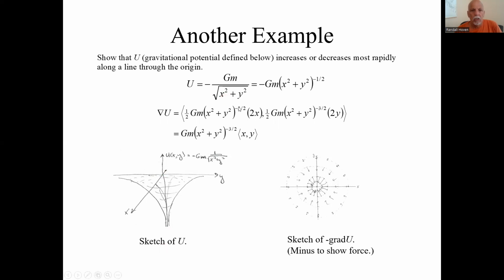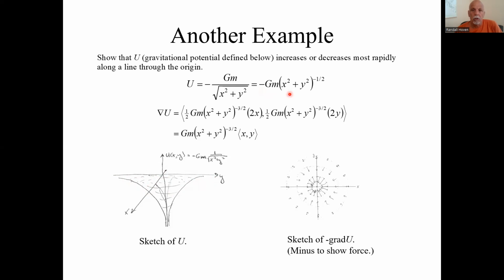As x and y get large, meaning this radius from the center gets large, u gets small and approaches zero. You get this funnel type thing.